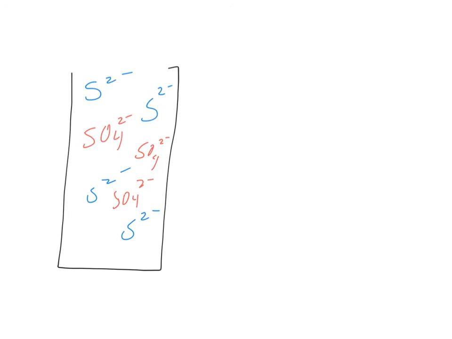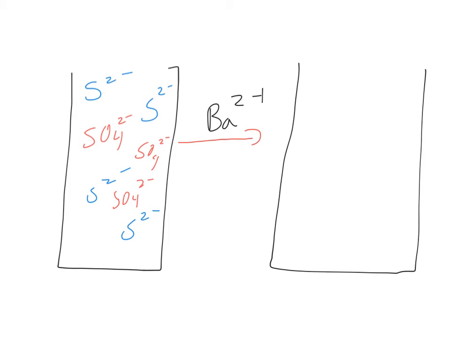Here's a quick illustration. I have a solution of sulfide and sulfate. If I add barium, barium only forms a solid with sulfate, right? It doesn't form a solid with sulfide. So if I added barium to my reaction vessel, I'd get barium and sulfate forming a solid, sinking down to the bottom here.